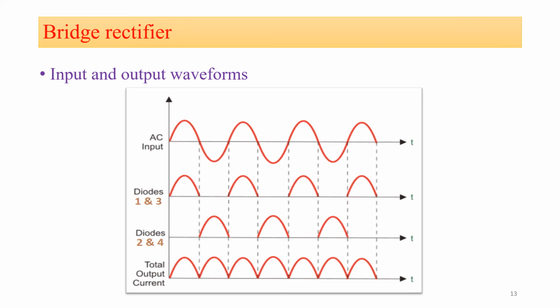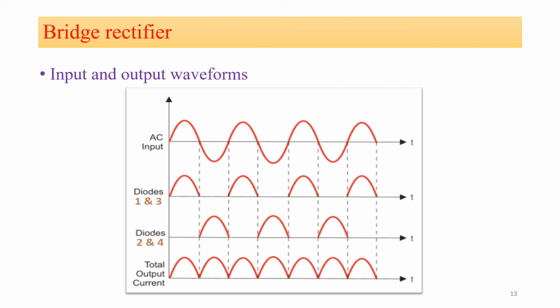As we know, for positive half cycles, diode 1 and diode 3 are in forward bias condition. So for every positive half cycle, current is going to flow through diode D1 and diode D3. In the second waveform you get output current for the positive half cycle only. For the negative half cycle it is equal to 0.